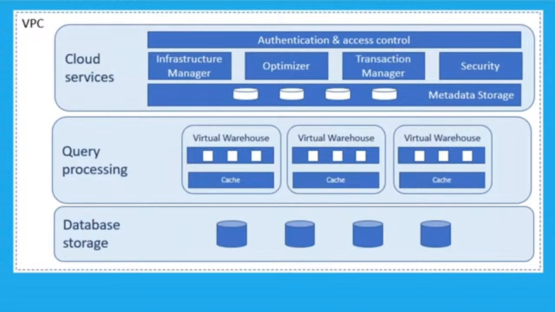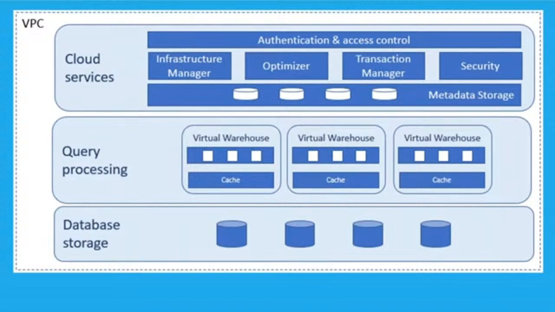In the query processing layer, the virtual warehouse is the hardware component which processes the request. In a traditional database or data warehouse, you have CPUs, memory, and everything. Like that, this is also a virtual warehouse. The virtual warehouse is the hardware resources in your Snowflake, just that you can't see those physical devices.